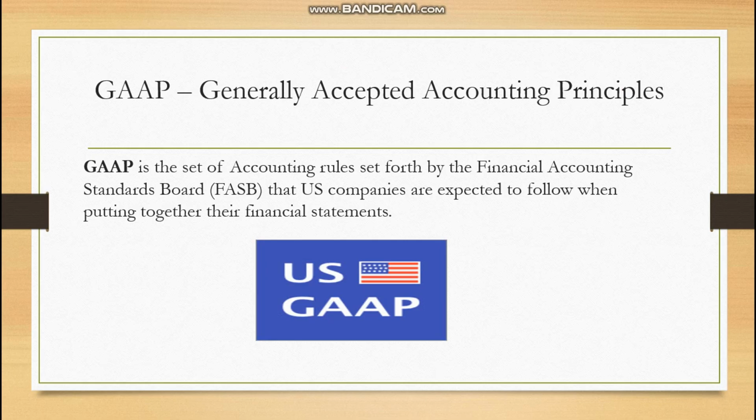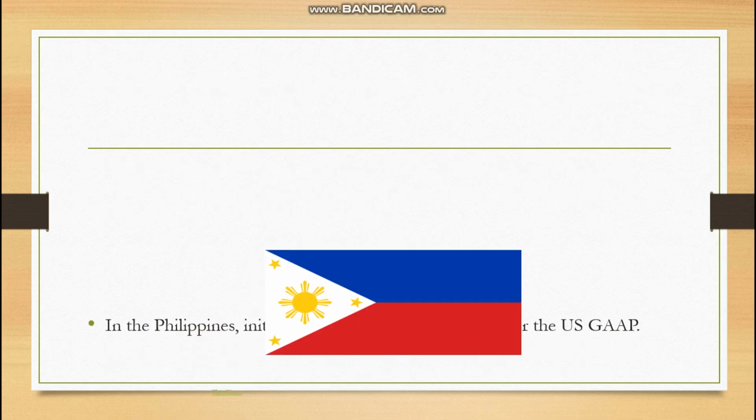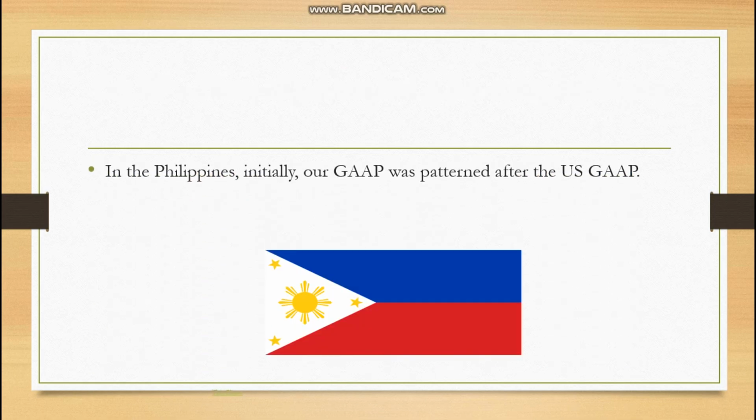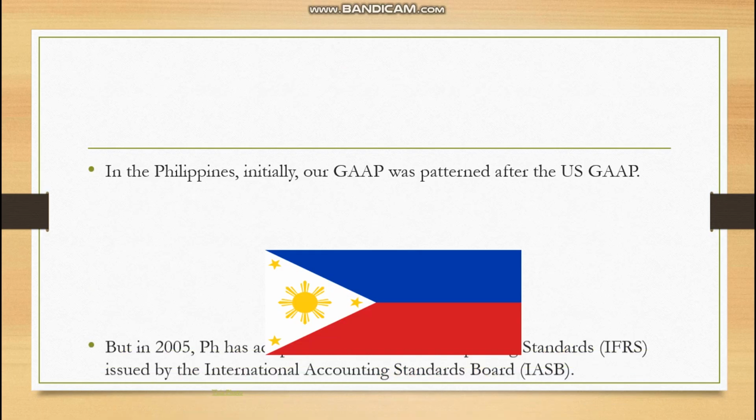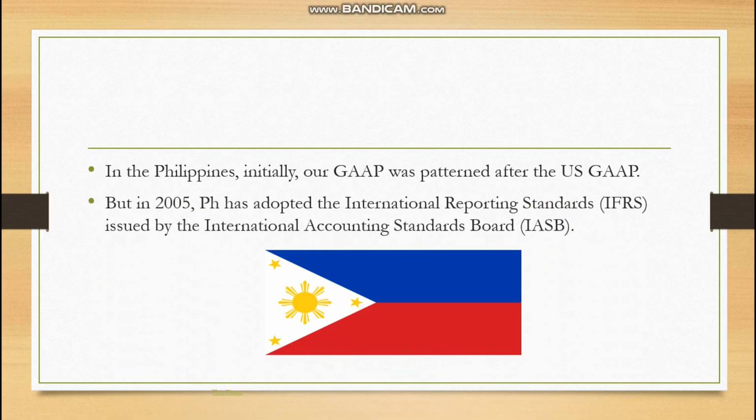Question: is GAAP followed by the Philippine companies and other companies worldwide? Well, the answer is GAAP varies from country to country. In the Philippines, initially our GAAP was patterned after the US GAAP. But in 2005, the Philippines has adopted the International Financial Reporting Standards or IFRS issued by the International Accounting Standards Board.